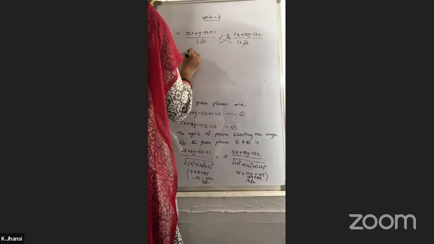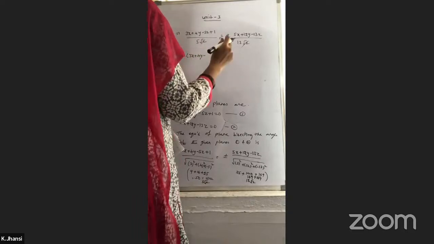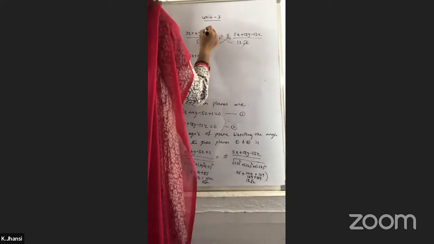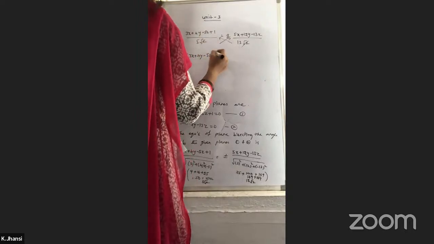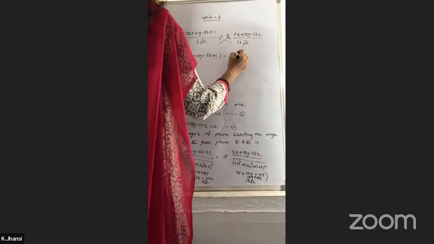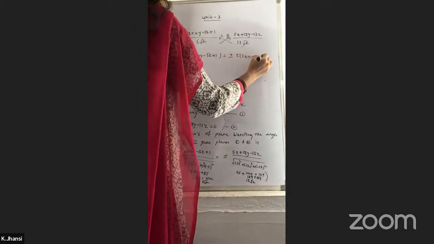So that is 13 into (3x plus 4y minus 5z plus 1) equals plus or minus 5 into (5x plus 12y minus 13z).